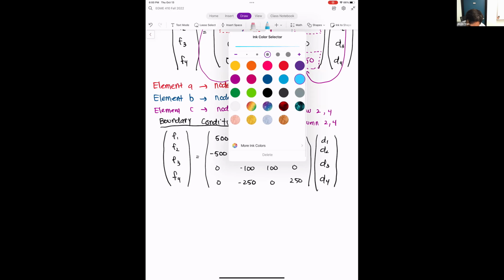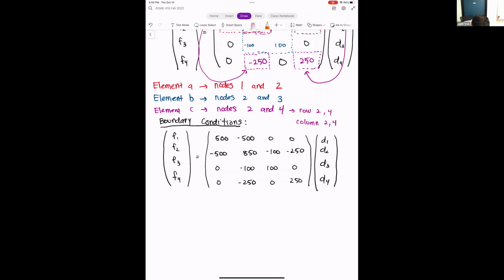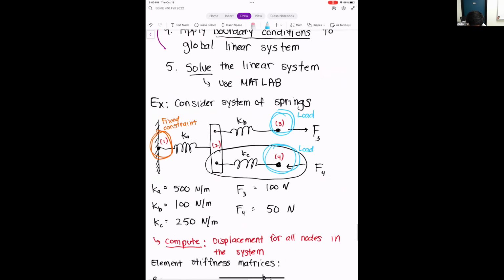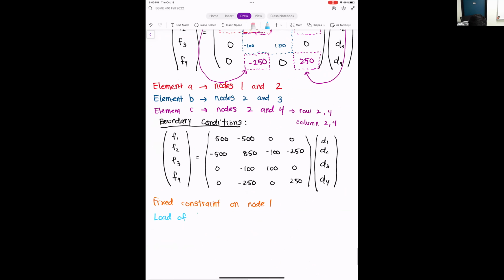Let me go ahead and put them in colors here. And so we have the fixed constraint on node 1. We have the load of F3, going to the right, so positive F3 on node 3.